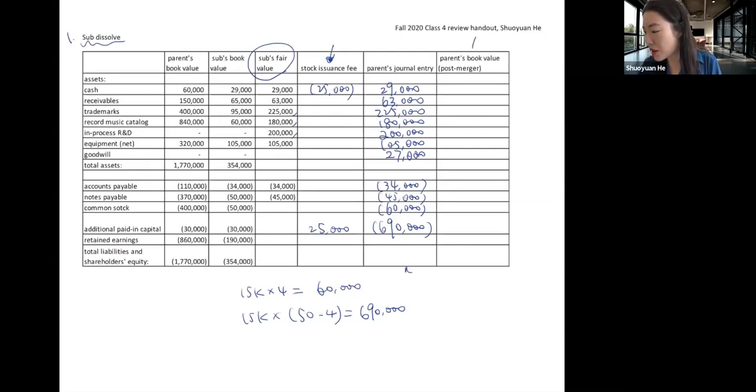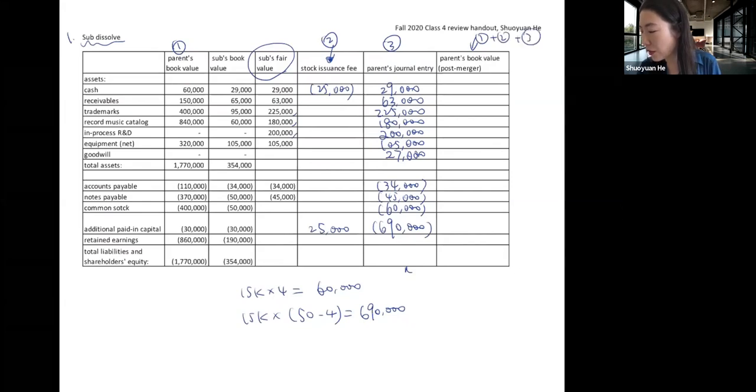So the last column, the parent's book post-merger, is basically the parent's book before the merger. And then this is one journal entry the parent is making to record the stock issuance fee. This is another journal entry the parent is making to record the acquisition of the subsidiary. And then the parent's book post-merger is basically 1 + 2 + 3.